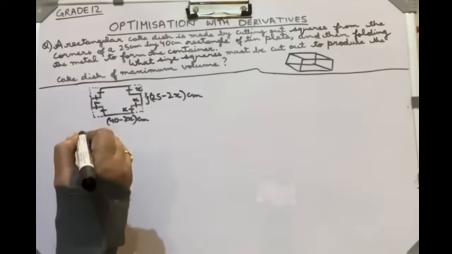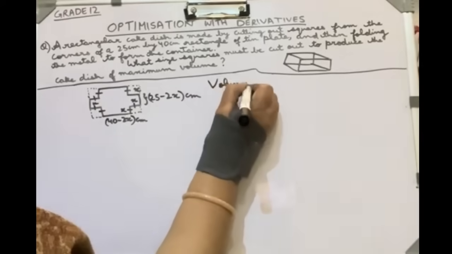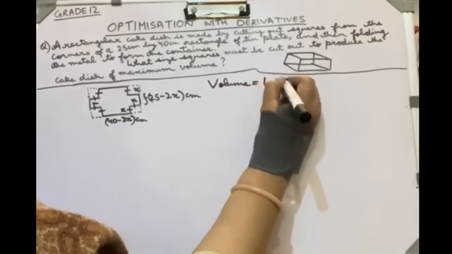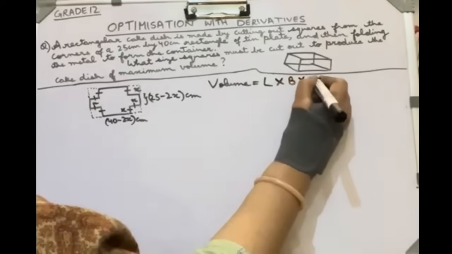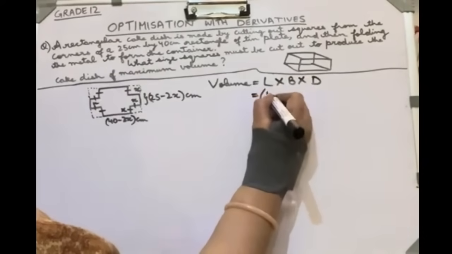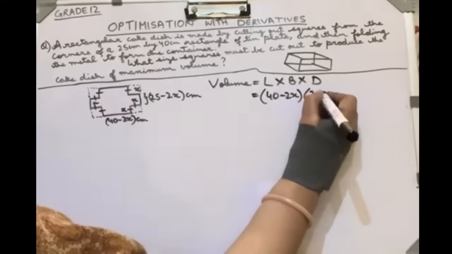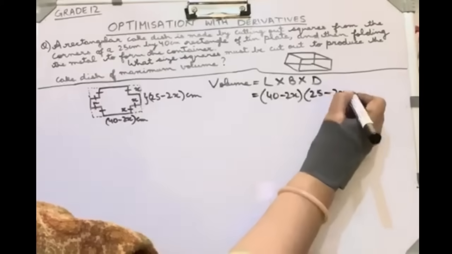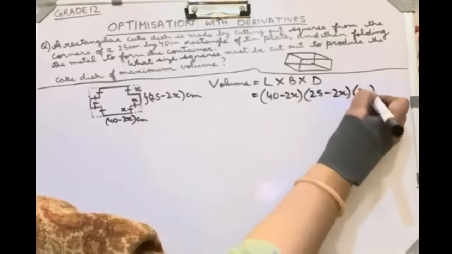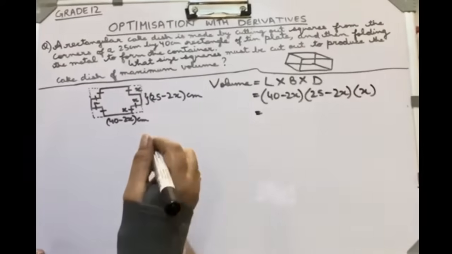Now we will calculate the volume. Volume is equal to length multiplied by breadth multiplied by depth. Now we put in the values. Length 40 minus 2x multiplied by breadth, which is 25 minus 2x, multiplied by depth, which is x. Now simplifying, we multiply these two first.